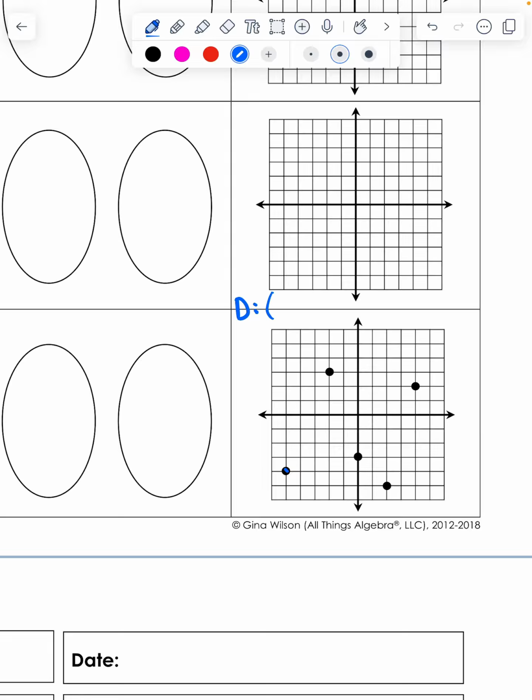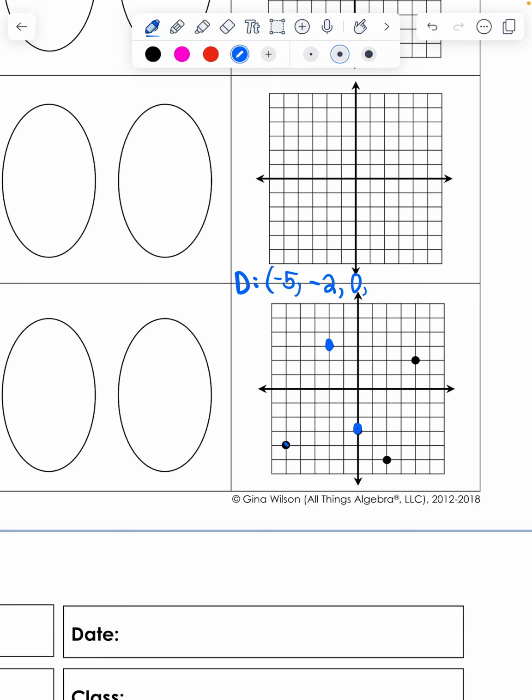So the domain for this would start at negative 5. The next smallest X value point would be at negative 2 on the X-axis. Then this point, which is 0 on the X-axis. Then this point is at 2 on the X-axis, and then 1, 2, 3, 4. And this is at 4 on the X-axis. The domain would be those 5 numbers.